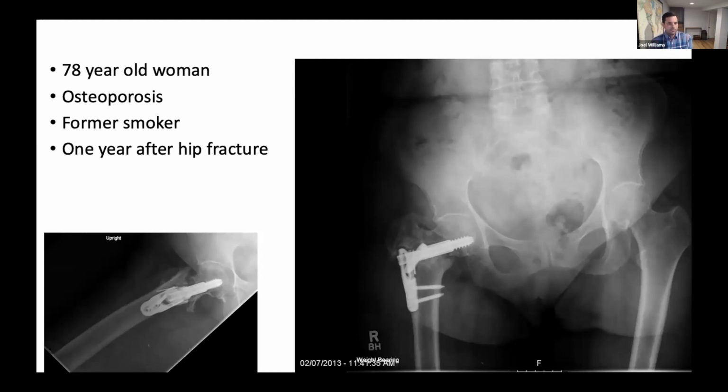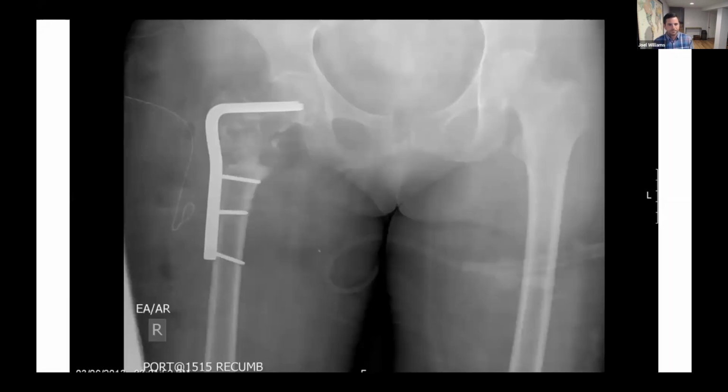She was referred for this proximal femoral deformity, non-union, I think about a year or several months after her accident. She's elderly, she has osteoporosis, she's a former smoker, as it says right there, 1 year after hip fracture.